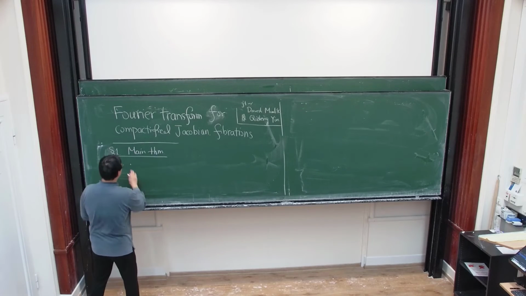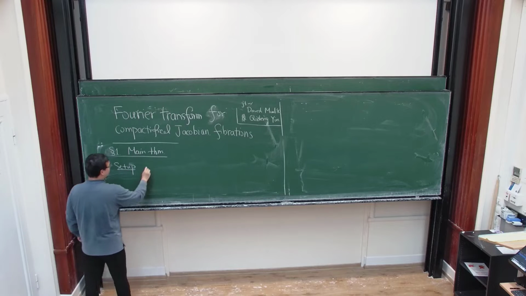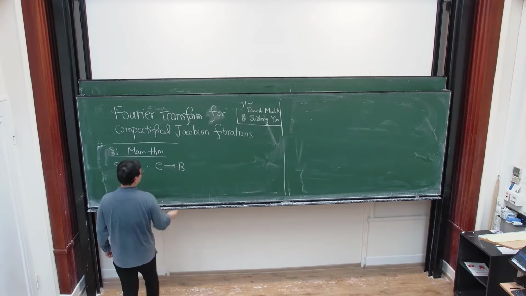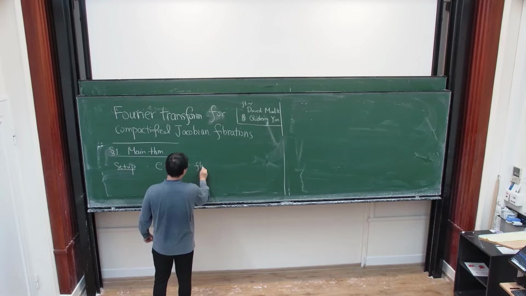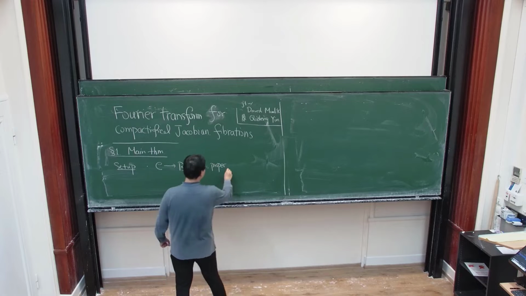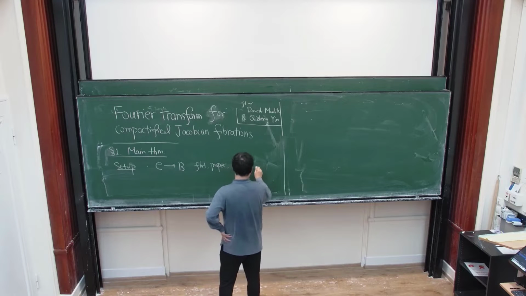The setup would be the same as the one in Davesh's talk, where we consider C to be a flat family of proper, integral curves with locally planar singularities.